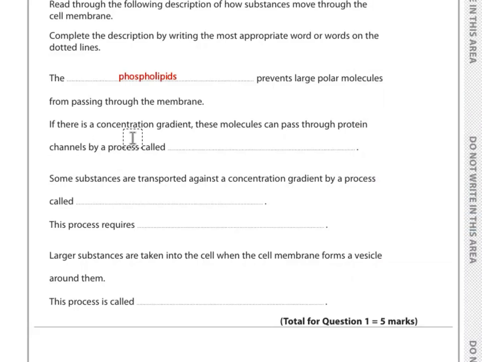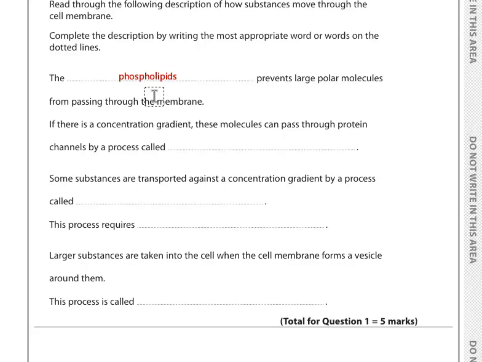If there is a concentration gradient, these molecules can pass through protein channels by a process called, through the cell membrane. It's not like nothing can pass through it. Of course, things need to pass through the cell membrane, otherwise how can we survive?